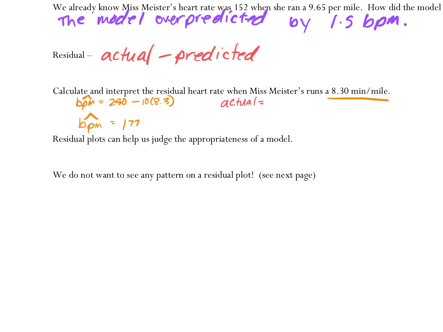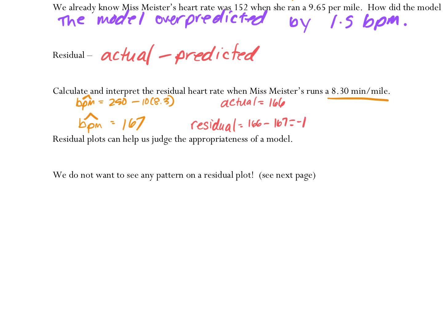No, you guys, I would never in my life make an arithmetic mistake when I'm doing them in my head. And the actual from up top was 166. So the residual is, you do actual minus predicted, so it would be -1.